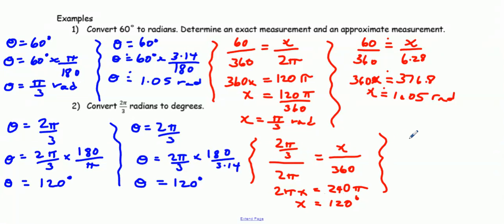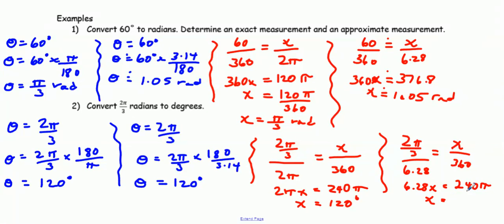This is going to give me the same answer as if, you wouldn't do this normally, you're going to do it with 2 pi because your pi's will cancel, but had you done this, it should still work. You're going to just say 6.28x equals 240, and then you could multiply through by pi, which is 3.14 here, or you could just leave it and say, divide this by 2, this is really 2 pi, right?